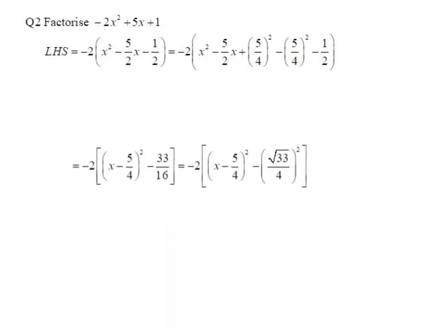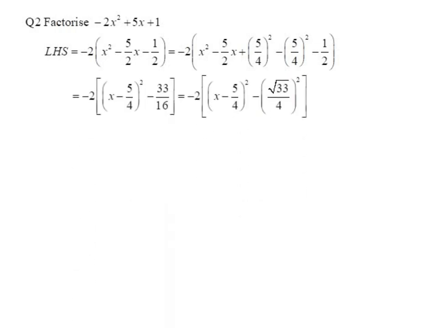Since we add this number, we have to subtract the same number to keep the expression balanced. After being simplified, the term in the square bracket can be further factorized using the difference of 2 squares, and hence we get the factorization done.